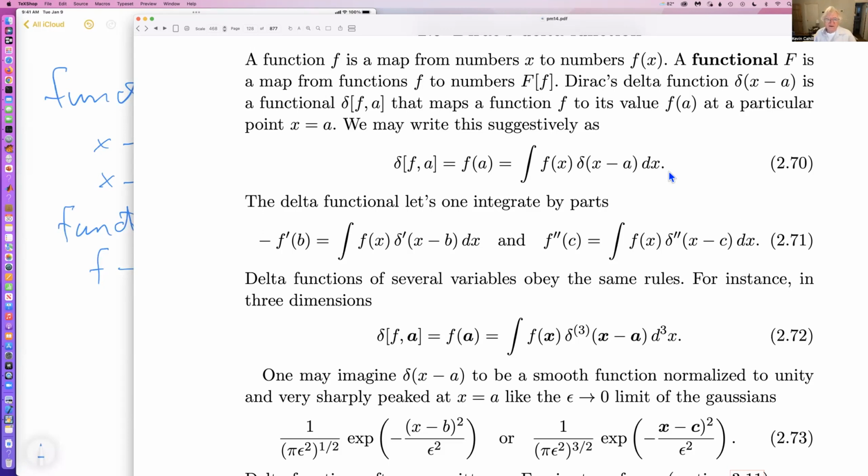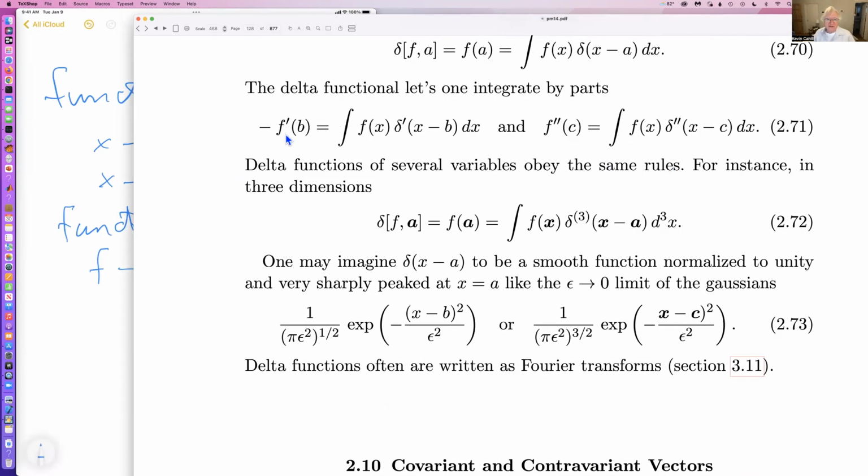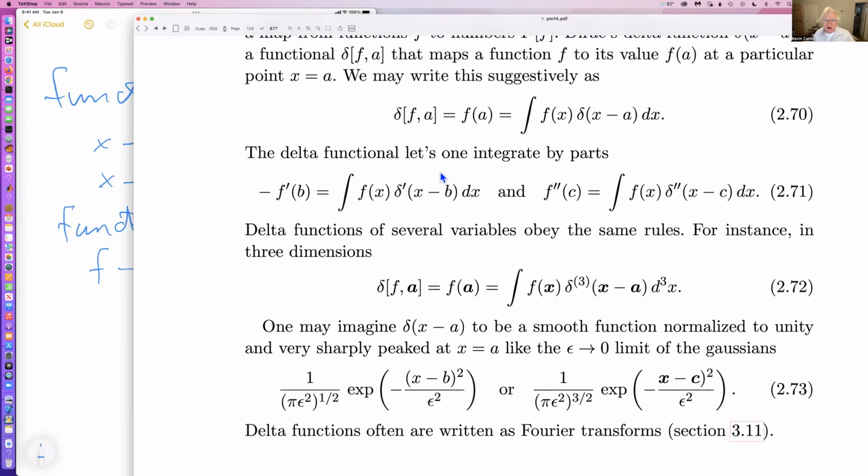And what they did was they said, well, we can differentiate the delta function, and the derivatives of the delta function are defined so as to make integration by parts automatic.